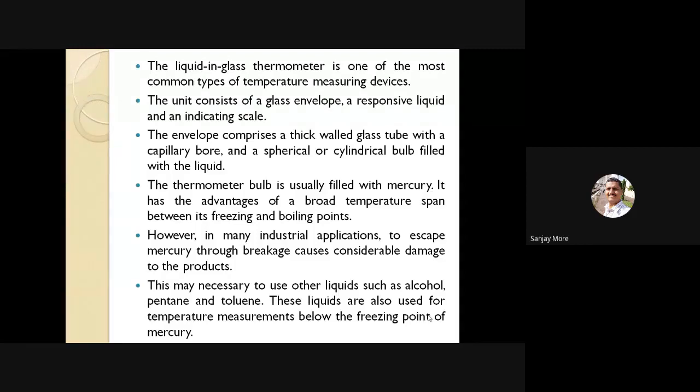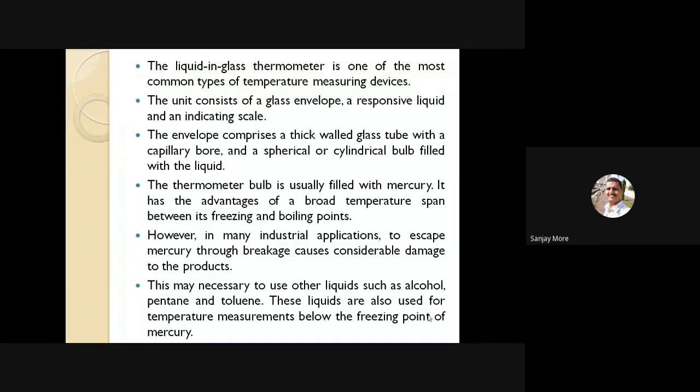The envelope comprises a thick walled glass tube with a capillary bore and a spherical or cylindrical bulb filled with the liquid. Full stop and next line.